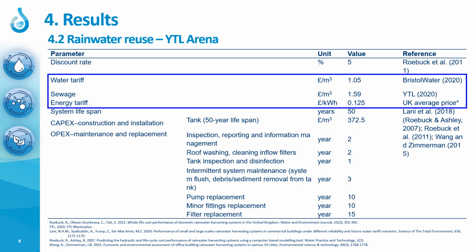This table shows the detailed information we used to conduct the economic analysis of the rainwater harvesting system. We have incorporated UK-based water and energy cost for this analysis, and others obtained from previous UK-based studies on rainwater harvesting economic analysis.